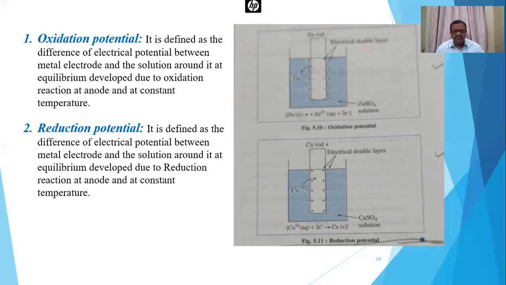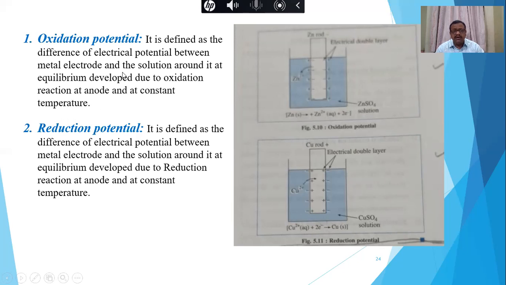oxidation potential. Oxidation potential is defined as the difference of electrical potential between a metal electrode and the solution around it at equilibrium developed due to oxidation reaction at anode at constant temperature.